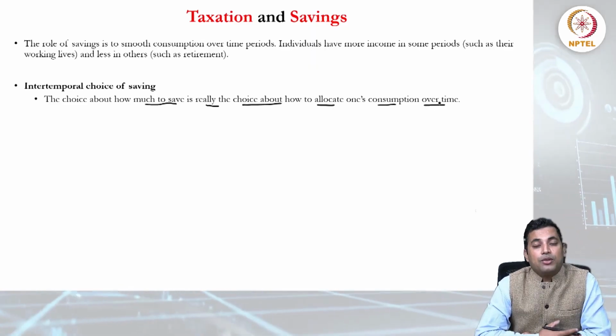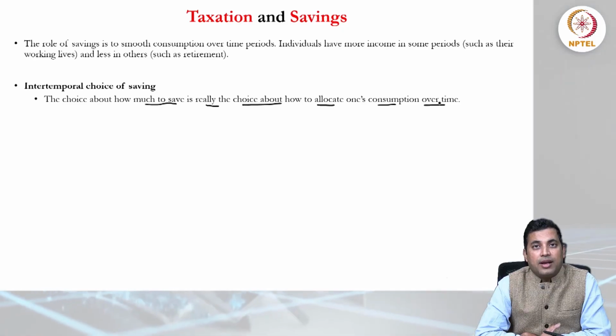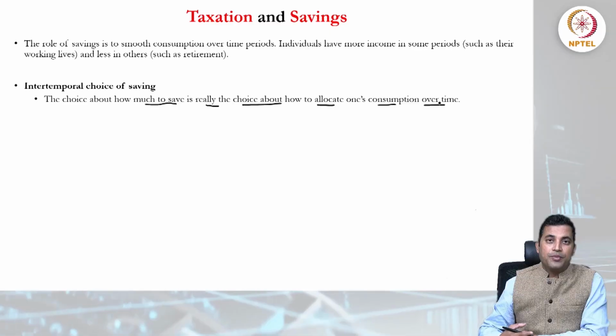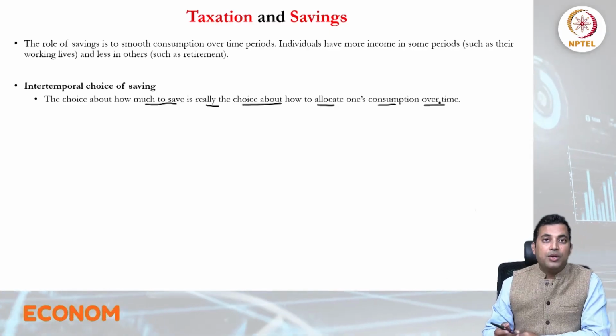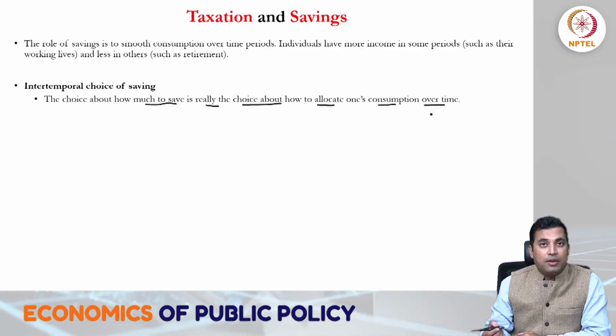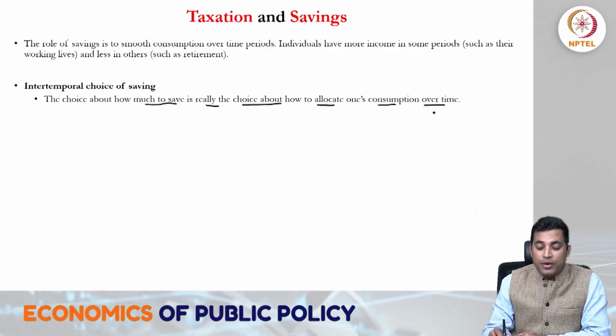So when we are talking about savings, we are actually talking about how we should consume, because we already know this, whether in the case of an individual or even from the macro point of view.